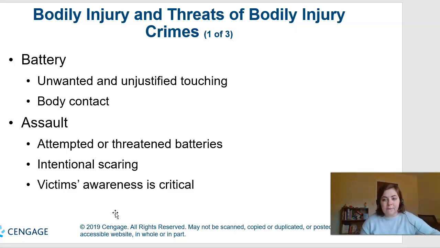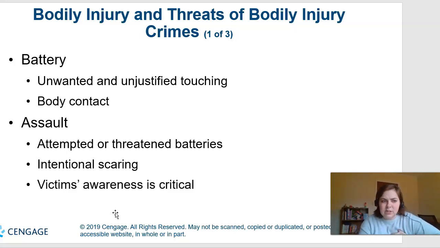Or you need to intend to frighten your victim, also purposeful, usually. We need causation. The steps towards the battery or the threat need to result in the fear. So there is not necessarily a physical injury for an assault.